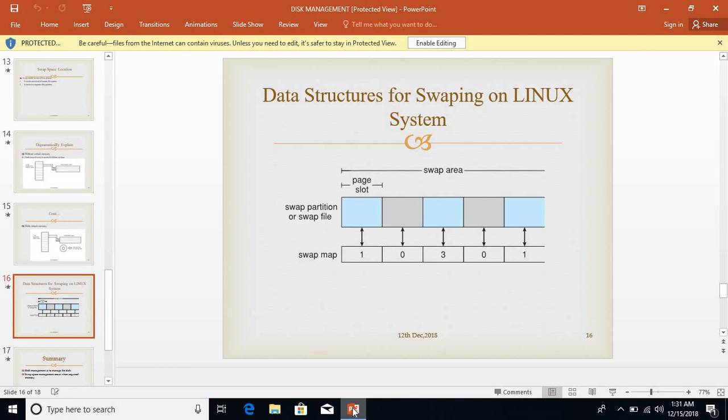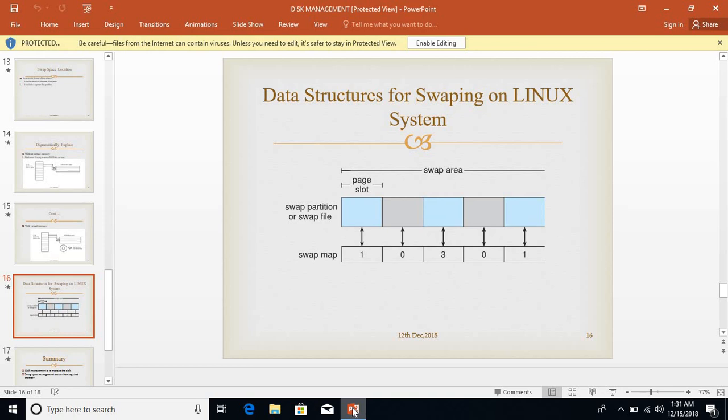There are more examples of systems that use swap space, including Solaris, Unix and Linux. All are similar in using swap space management, but there is a slight difference in each. Unix simply uses swap space management.